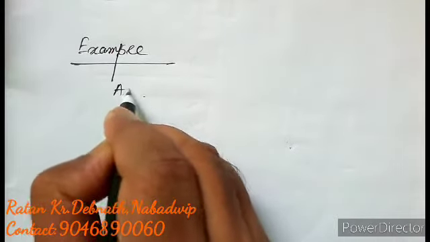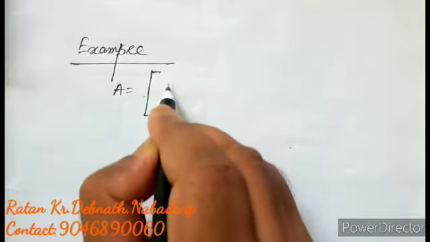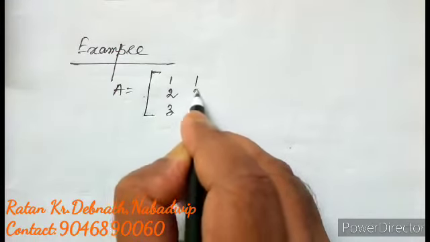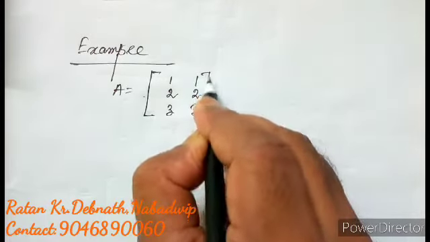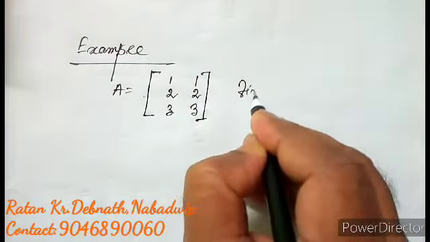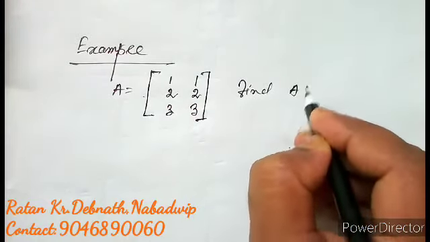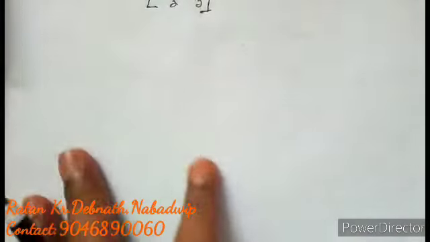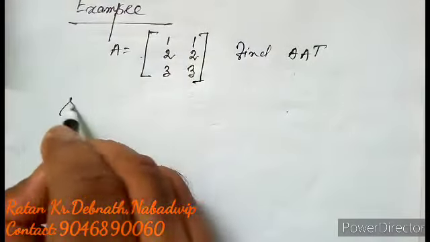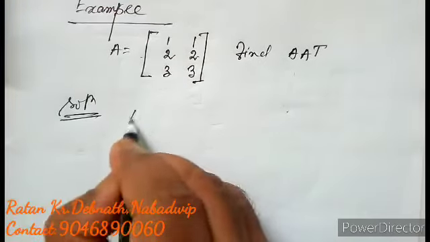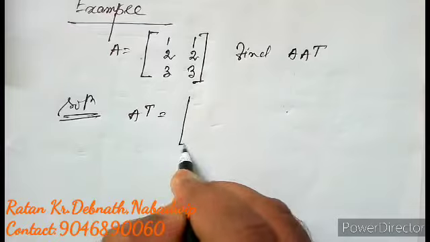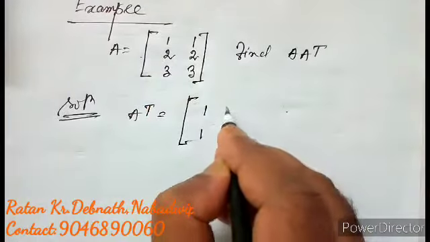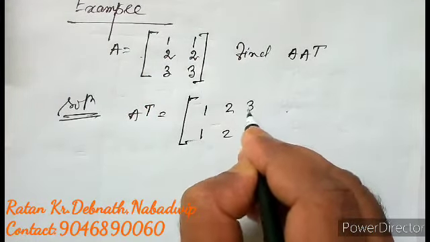Suppose a matrix A equals 1 2 3 1 2 3. Find A into A transpose. A transpose equals, change rows into columns, that is 1 1 2 2 3 3.